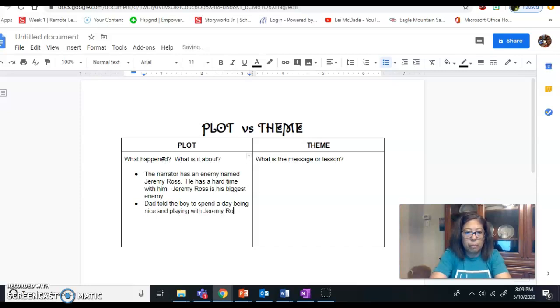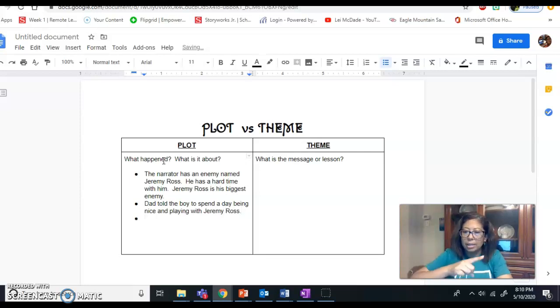Okay, so that's like we're in the plot, we're introducing the problem, we're starting to go up. The boy's having to spend a day with Jeremy Ross, and then the climax of the problem is when they were eating the pie. So Dad told the boy to spend a day being nice and playing with Jeremy Ross. Dad makes an enemy pie.